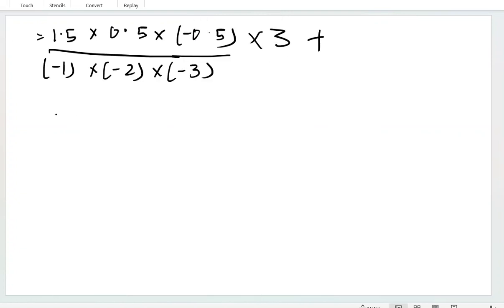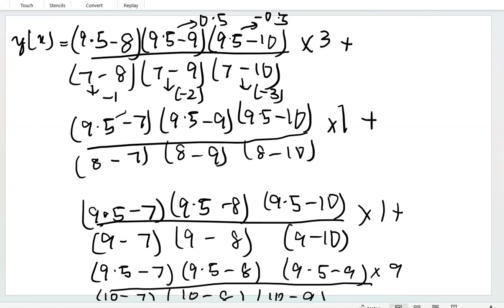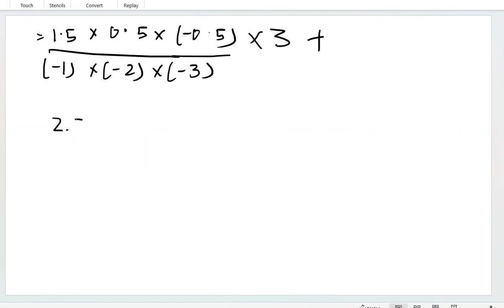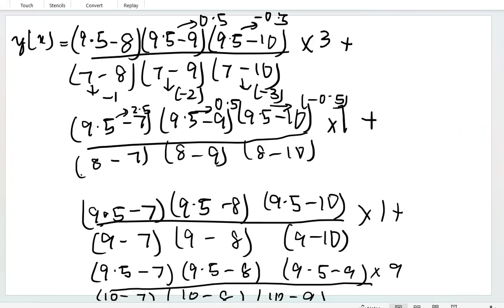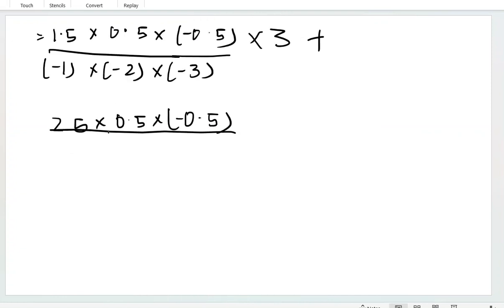Plus you get, if you observe here, this value will be 2.5, this value will be 0.5, this value will be minus 0.5. So 2.5 into 0.5 into minus 0.5, and the down value will be 1 minus minus 1, 1 minus minus 2, 1 minus minus 2.